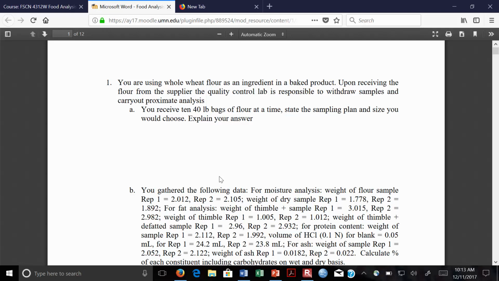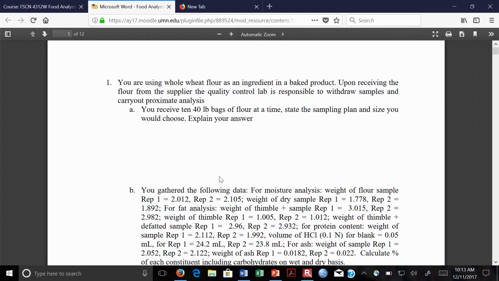If you say convection oven, you would say you put it at 100 degrees overnight and then measure the weight difference. So it's a gravimetric procedure. That would be simple.